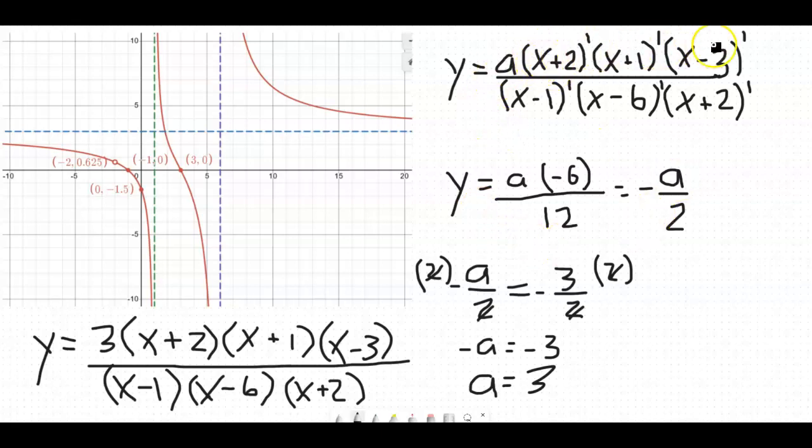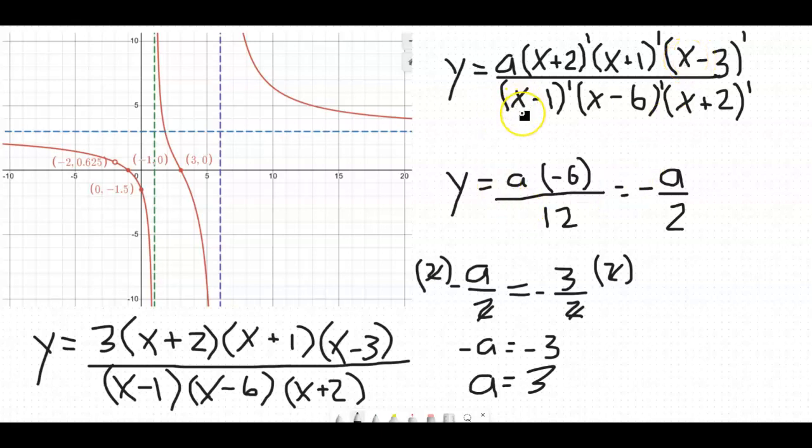If we were to multiply out the top, x plus 2 times x plus 1 times x minus 3, we'd get a very large third degree polynomial, right? But the first term, which has the highest exponent, is just x times x times x, which is x cubed.